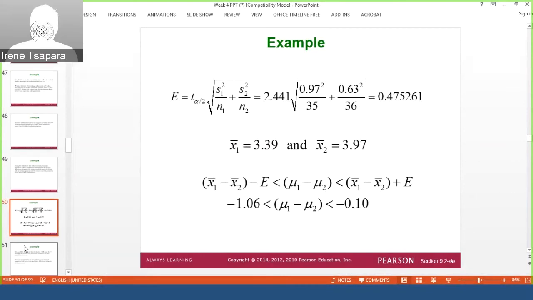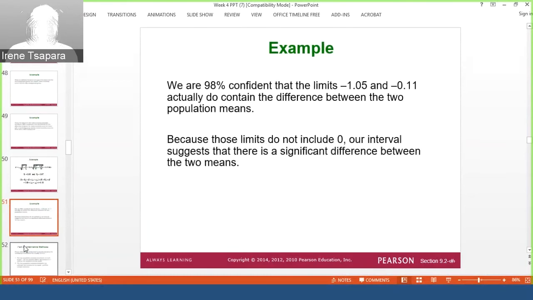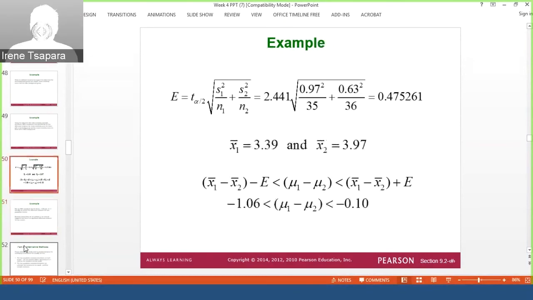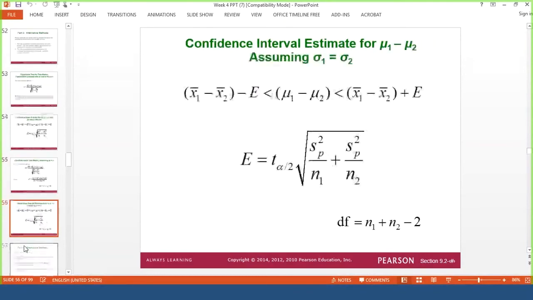We see that the difference again is negative. So this means that mu2 is going to be greater than mu1. So there is a significant difference between the two means, since the interval doesn't include 0.